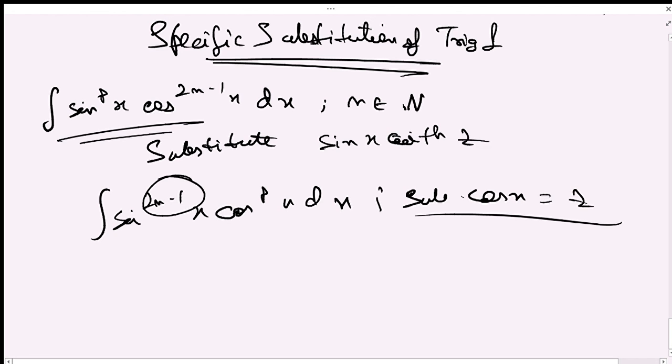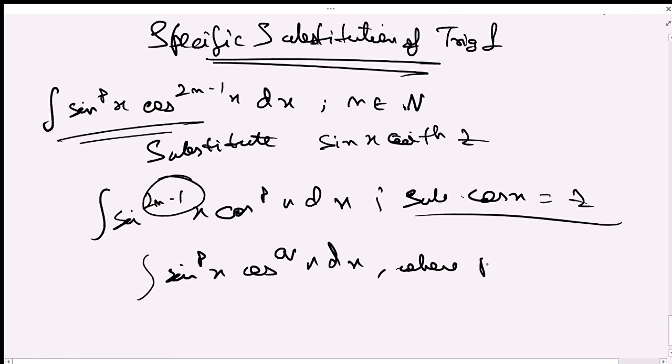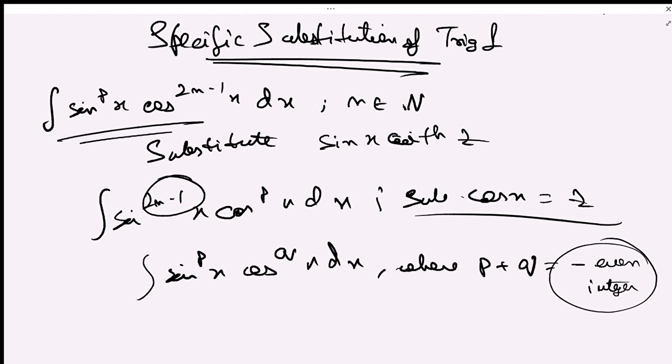Now if you have the integration, suppose of the form sin px cos qx dx, where p plus q is basically a negative even integer. P plus q is a negative even integer. Clear? Sin px and cos qx dx you are getting, and p plus q gives you a negative even integer.